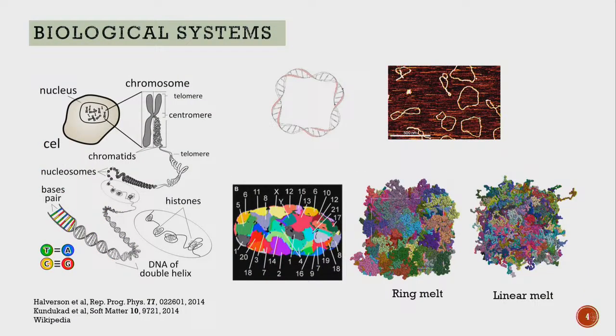In biological systems, ring polymers have a lot of applications. For example, plasmids are essentially ring DNAs, and they are very useful in biological systems, so understanding their structure and dynamics is critical. Also, in chromosomes, we have chromatin regions, which are essentially a conglomeration of multiple DNA regions.